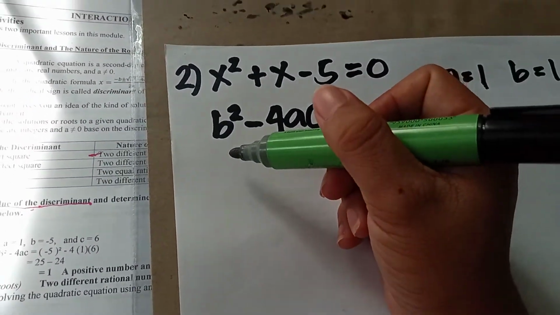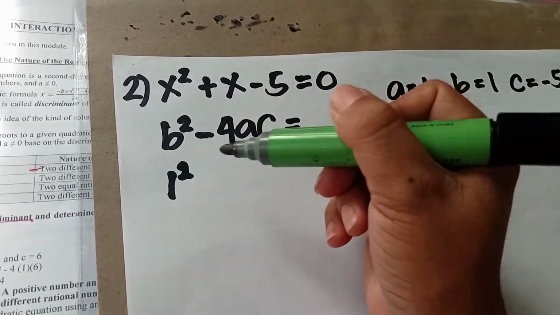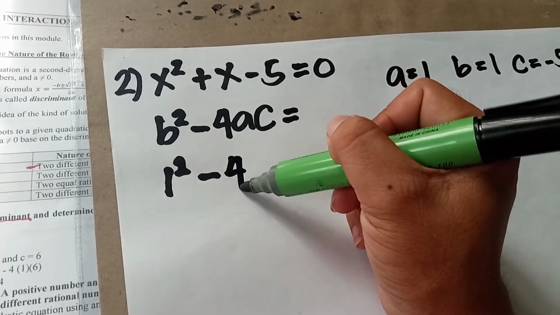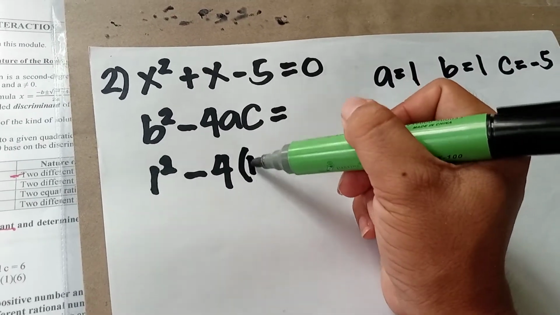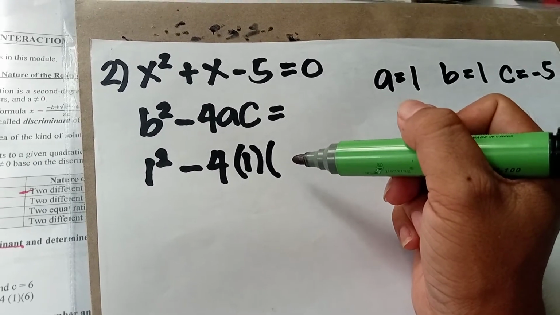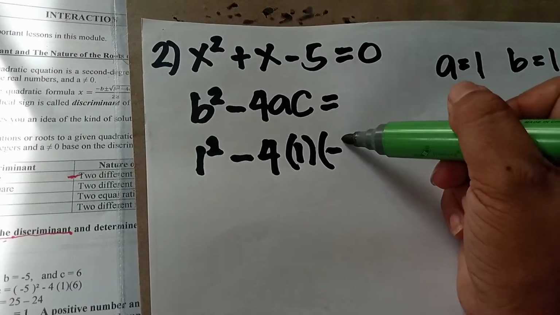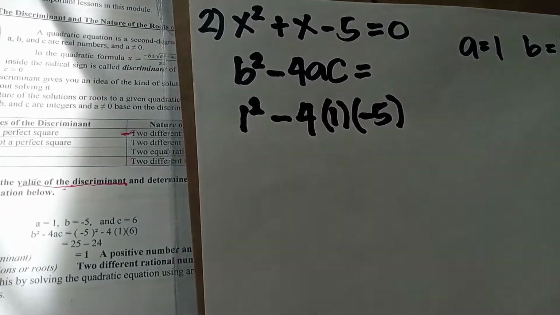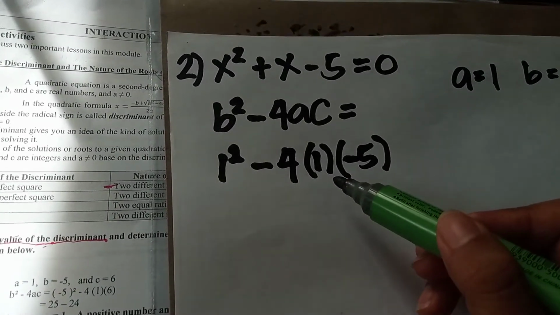The value of b is 1, so 1 squared. Then copy negative 4. Then the value of a is 1, so open and close parentheses, 1. Then next is c, the value of c is negative 5. So we multiply 1 and negative 5.